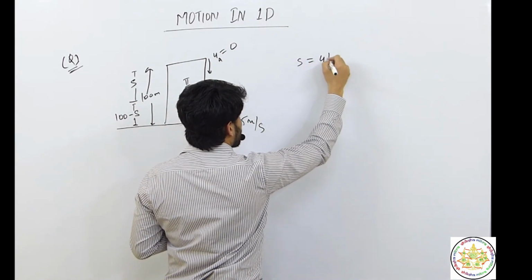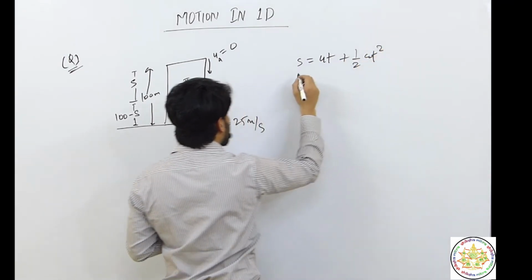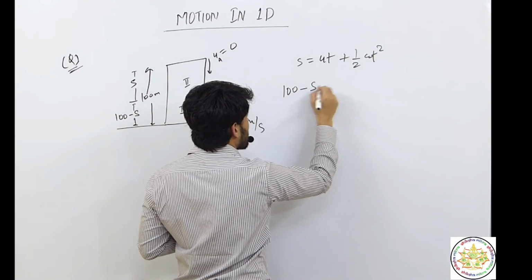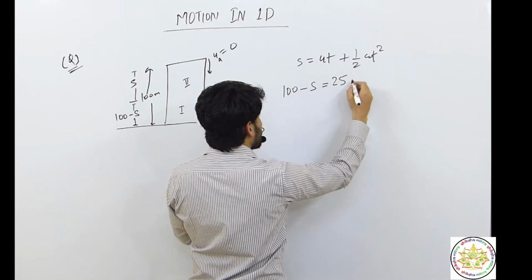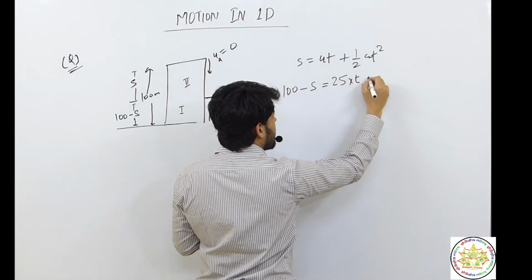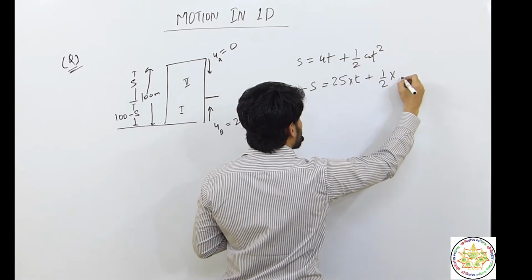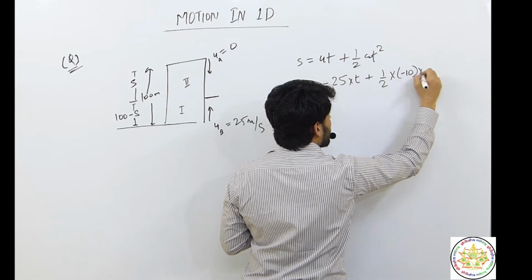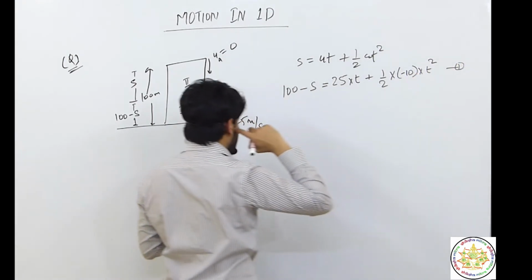So we will calculate the time for the first case, in which we will use s equals ut plus half at square. Here s is 100 minus s, equals 25 into t plus half into acceleration. It is moving in the upward direction, so it will be minus 10 into t square. This is the first equation of motion.